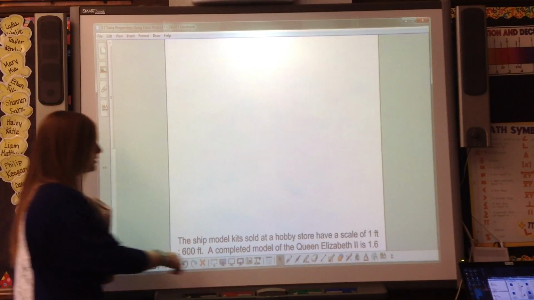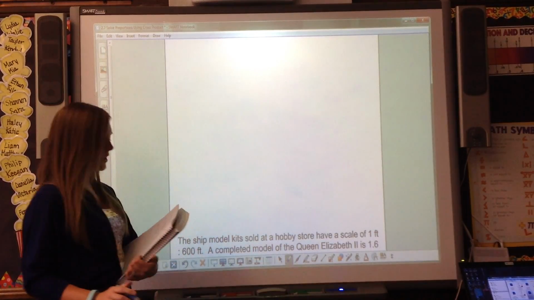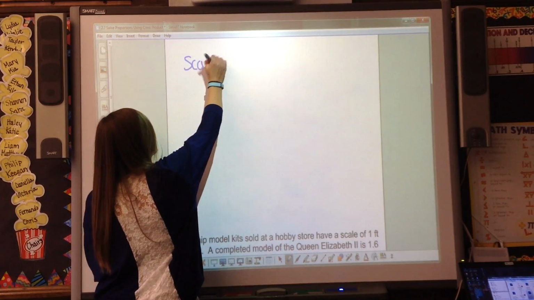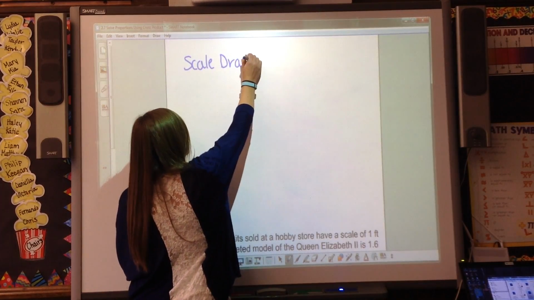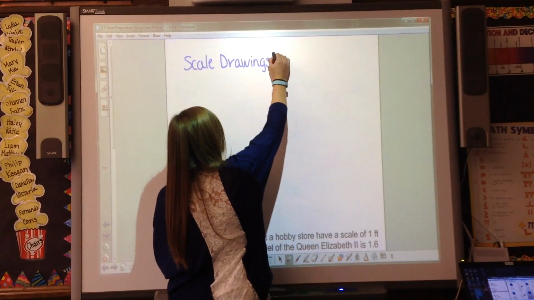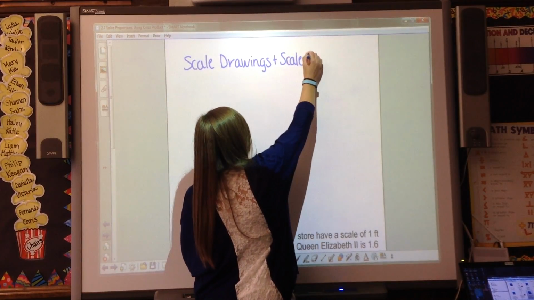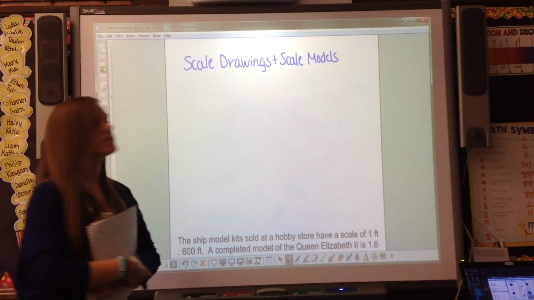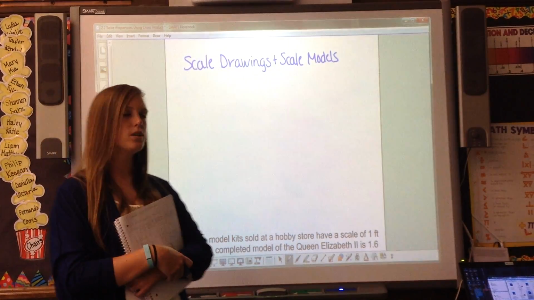The last section is scale drawings and scale models. These two have the same concept, but one is 2D and one is 3D.